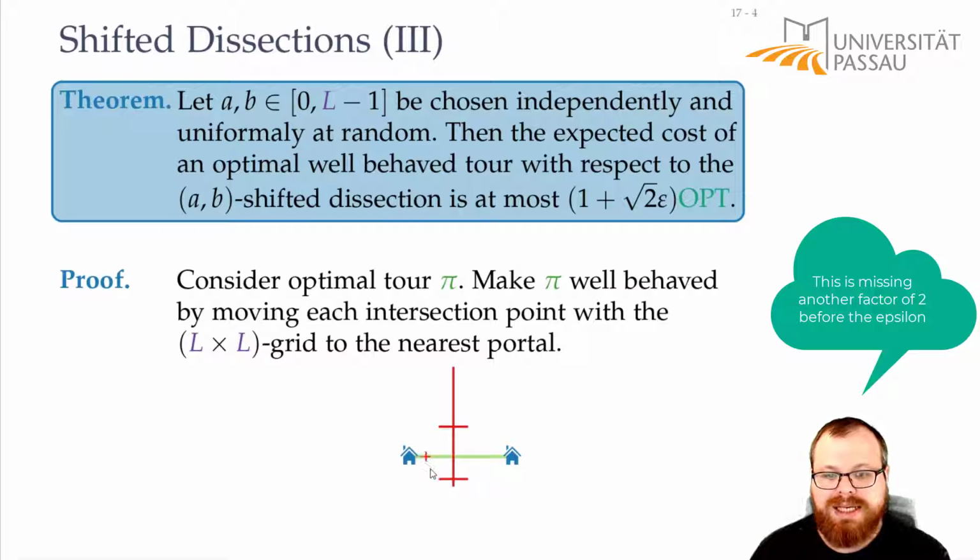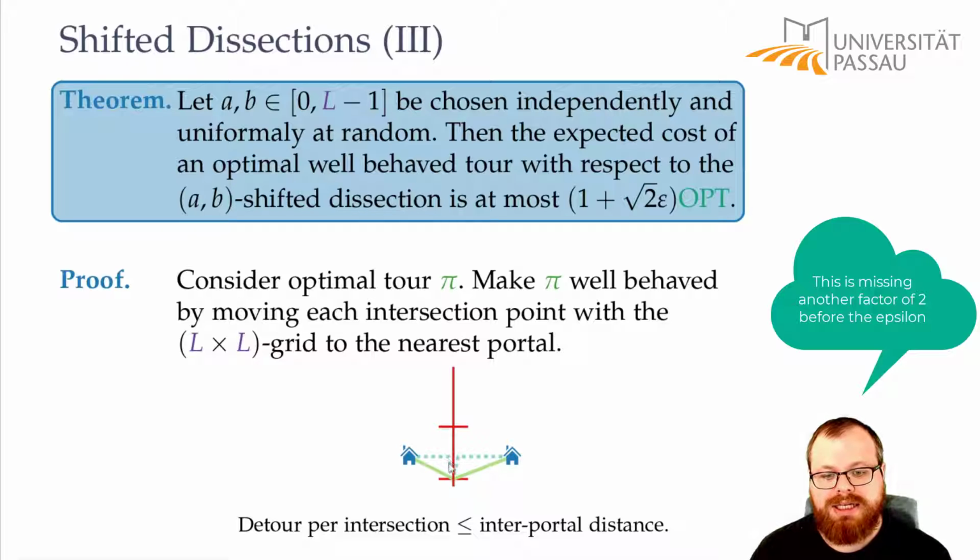Because if we look at the segment we had in the beginning, if we move it down here, then it doesn't cost more than if I take the segment, then take a detour to the portal, take a detour back, and then go to the target. And if we move to the closer portal, that's at most portal distance over 2 away, we move there and back, so the movement here is the interportal distance.